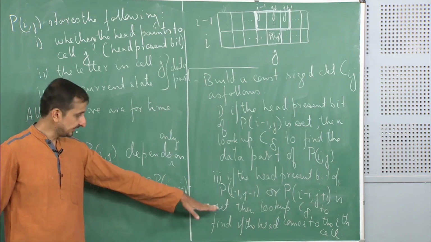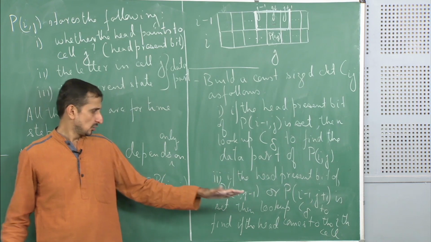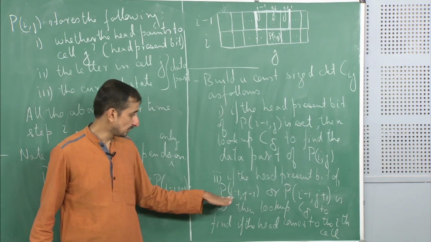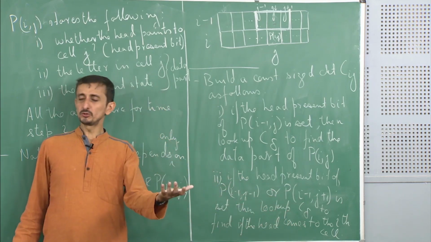Okay. Now, the head can come to the ith cell only from either i minus 1 or i plus 1. So, if the head position bit of either of these two entries were set, you look up both those entries.